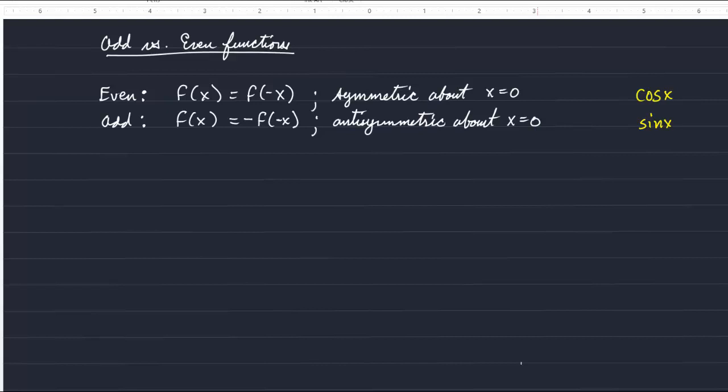So the other aspect of functions is any function can be broken into an even and an odd part, or it can be described as the sum of an even and odd part.